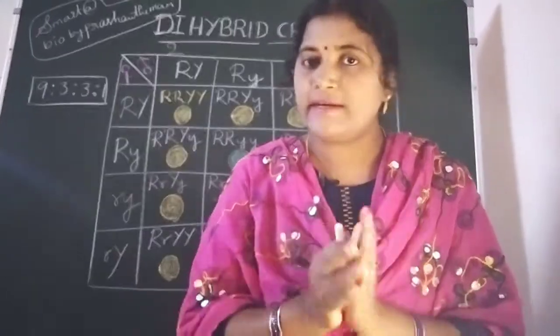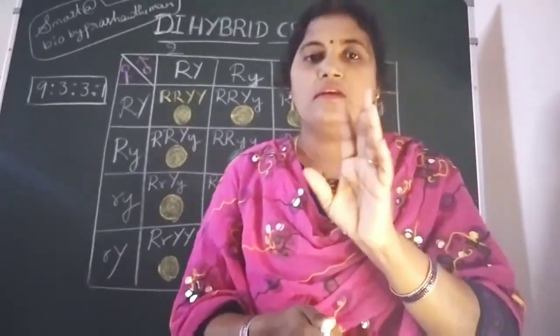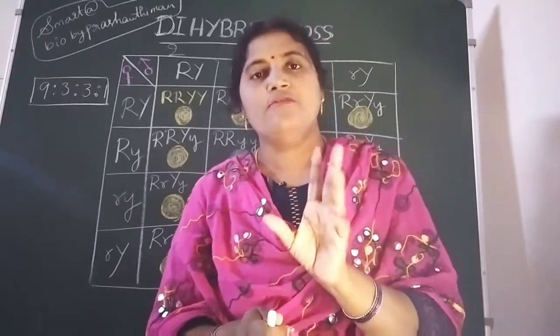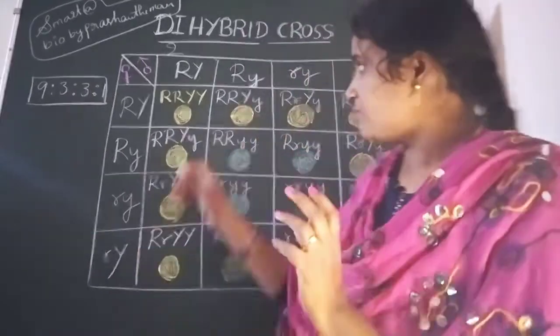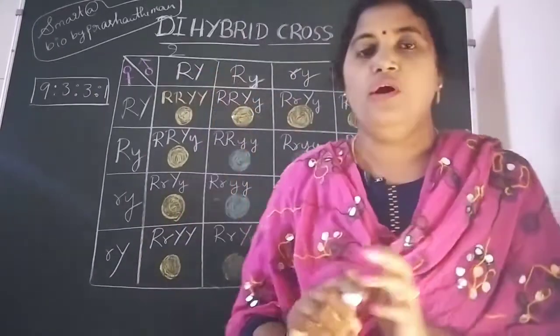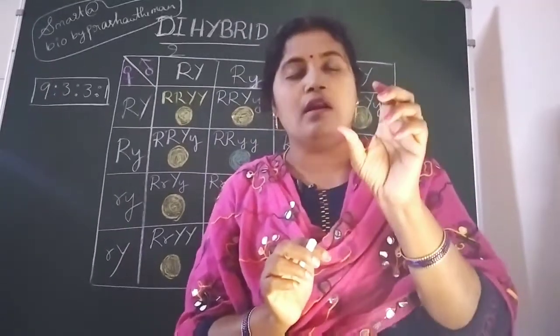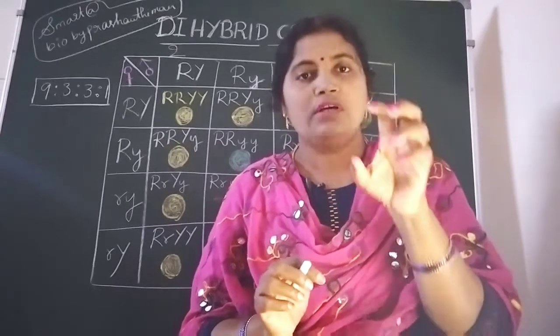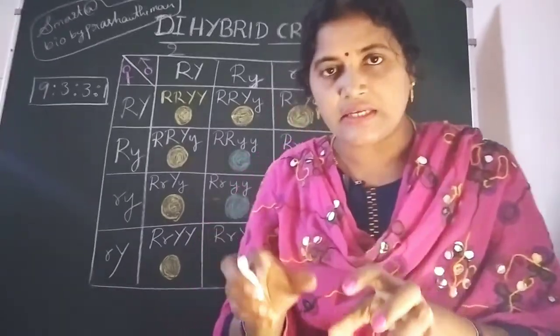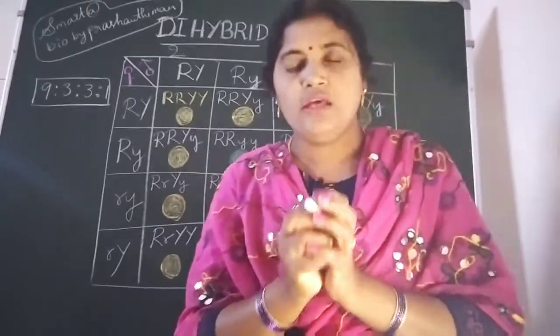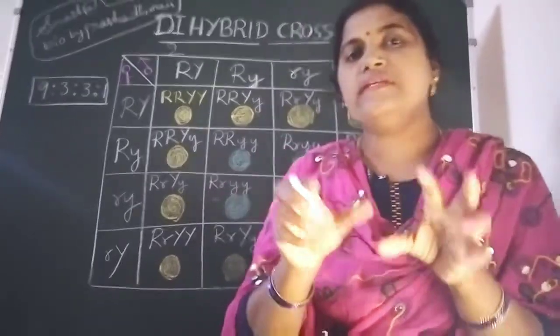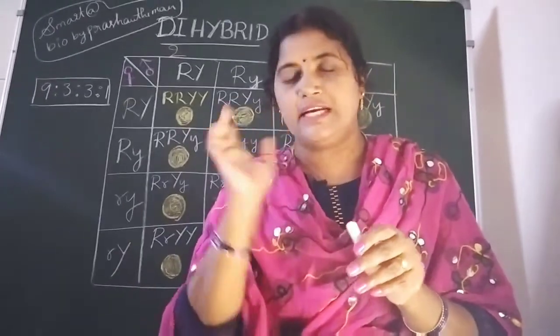What are the two characters he has selected here? The two characters he selected are round and yellow. Capital R indicates the round character. Capital Y indicates the yellow character. Capitals always indicate the dominant traits.